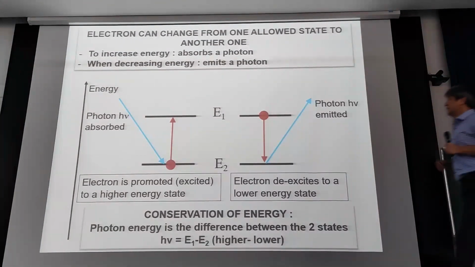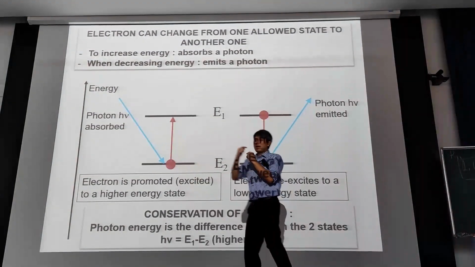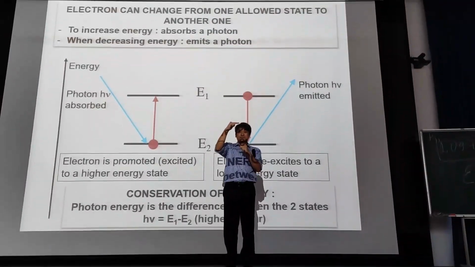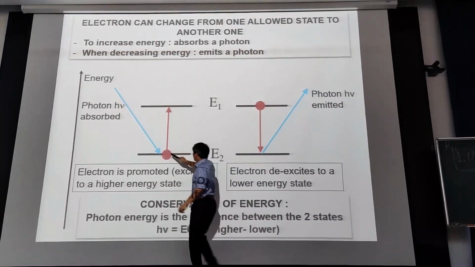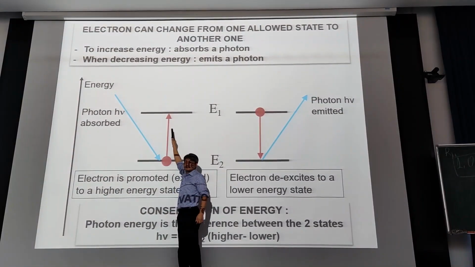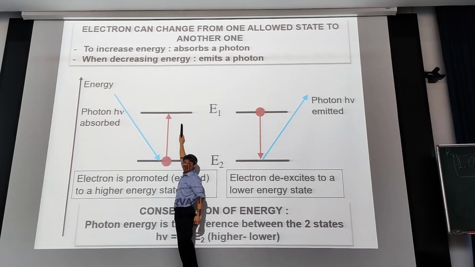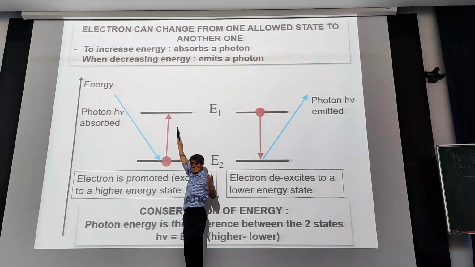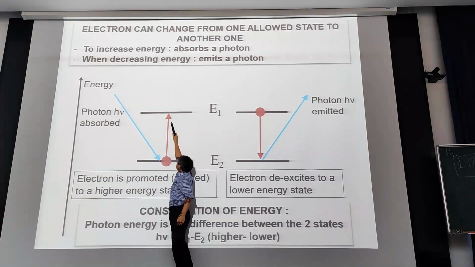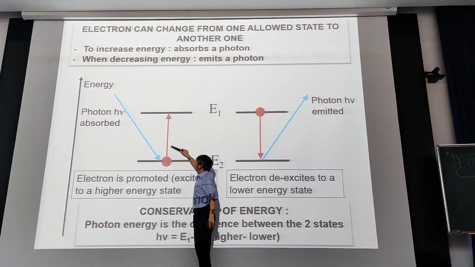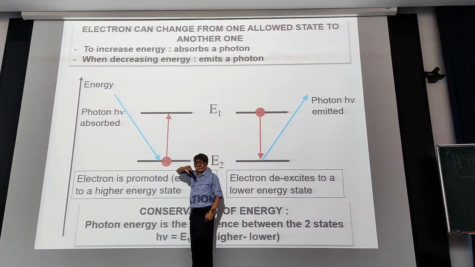First, you have one atom. First, it will absorb number 1 to get excited. So number 1 is equal to the energy difference between this level and this level. And then the electron will come back, that means number 2.